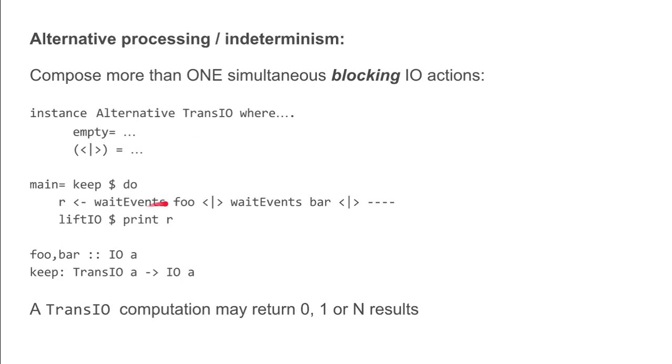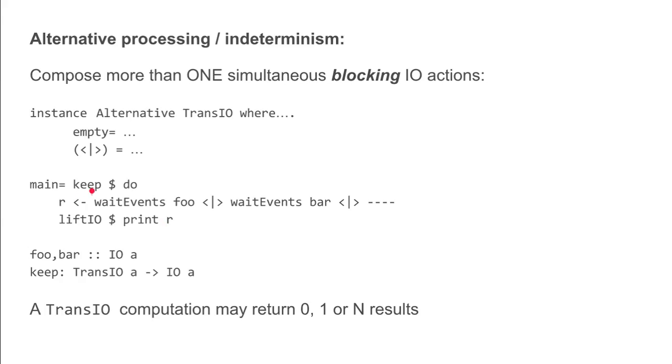Because wait event returns empty in the current thread, it immediately executes all the asynchronous operations which are asynchronous. So these waiting-for-events are running at the same time. Each one is spawning its own threads, and all of them execute the continuation.